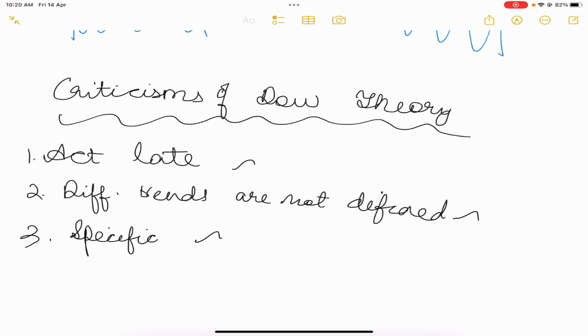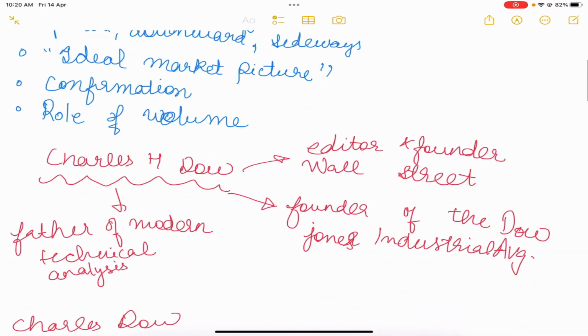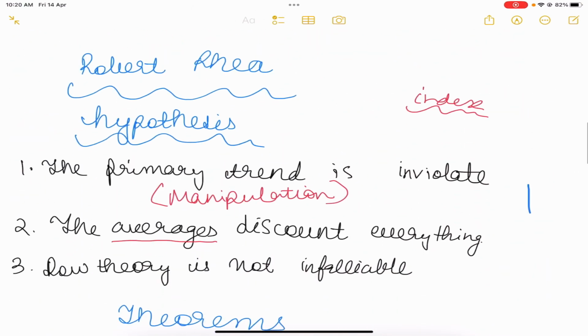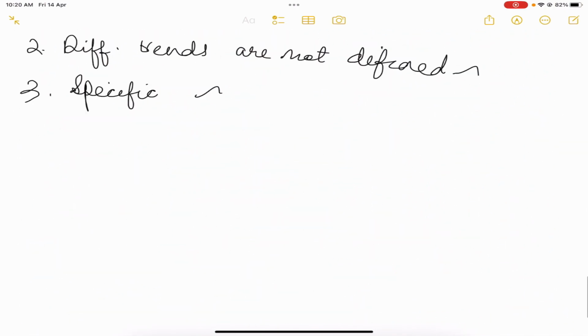So this was the concept of Dow theory, and the ending book of the Dow theory was given by Robert Rhea, and the hypothesis has 3 points, which is the primary trend is inviolate, the average discounts everything, and the Dow theory is not infallible. And then we also saw the theorems. So I hope that's clear.